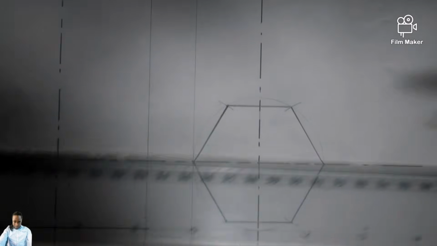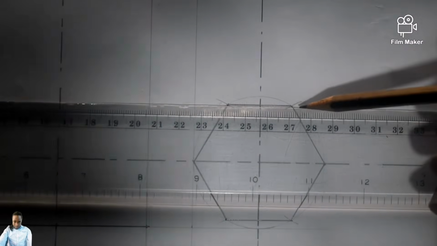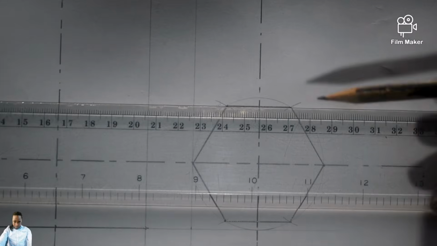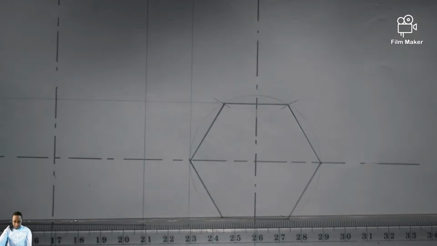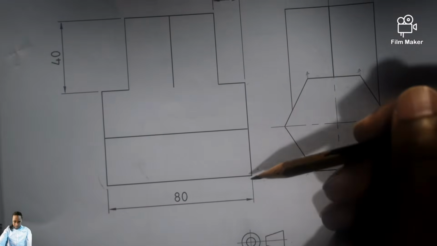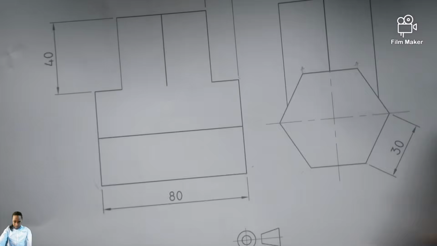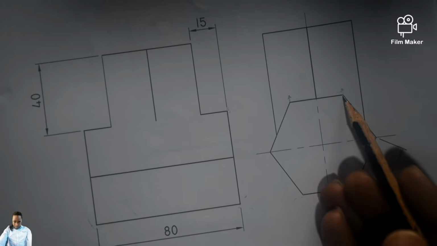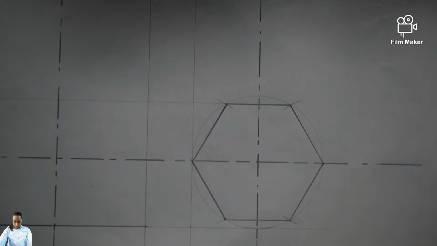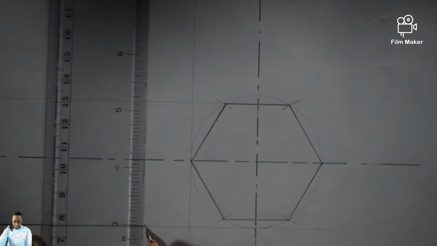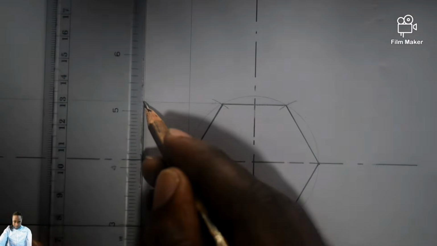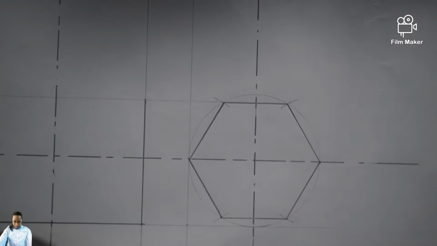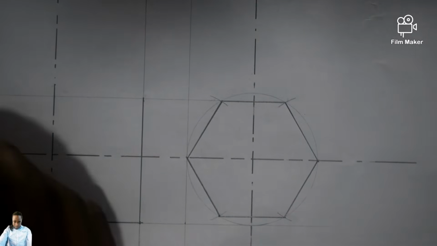So from there, project these points horizontally towards your front view. So there you go. What seems to be missing there by your front view, you already have it, from here till there, from there till there. The moment you project a line towards your front view, you get what seems to be missing there by your front view, the height of it from there till there.